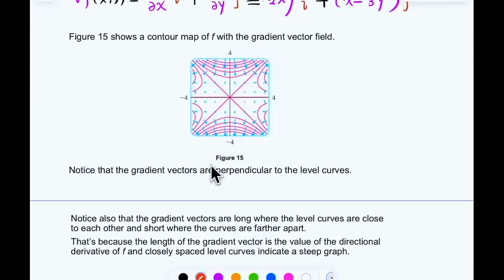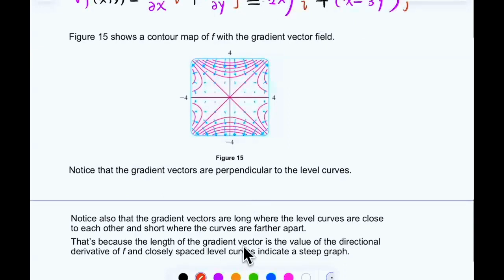Okay. What's the reason? Looking at this formula for the vector field, how do you find the length of this gradient vector? Can you tell me? We take the square root of the square of this plus the square of this, right?